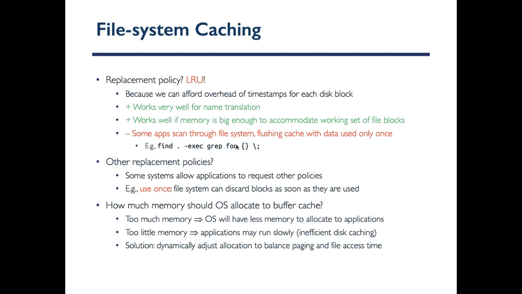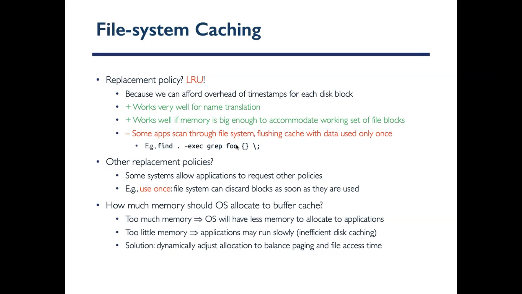So you might end up in a situation where processes start thrashing each other or themselves. So too much memory for the buffer cache means less memory for processes, which is not good. If you have too little memory, then your cache becomes really not effective. It becomes just a burden.